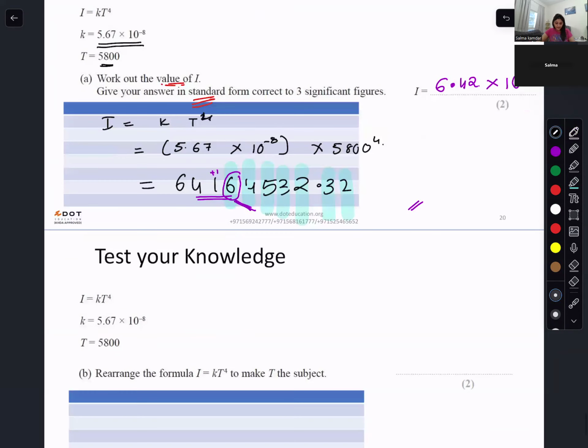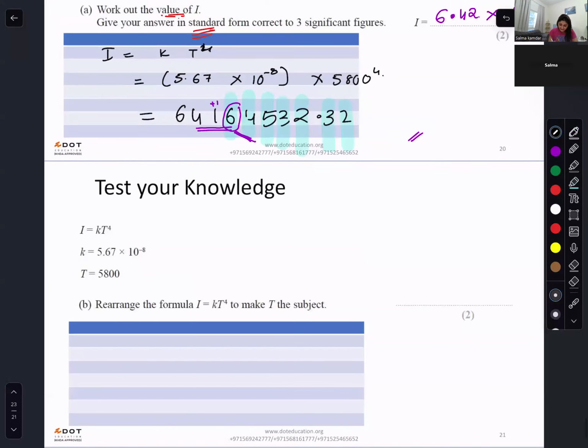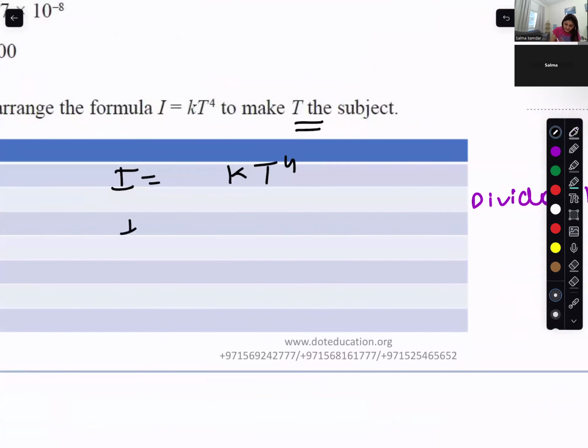Okay. I want to rearrange the formula to make t the subject. So my question is I is equal to kt 4. First I'm going to divide both the sides by k. So I will get I by k is equal to t 4.